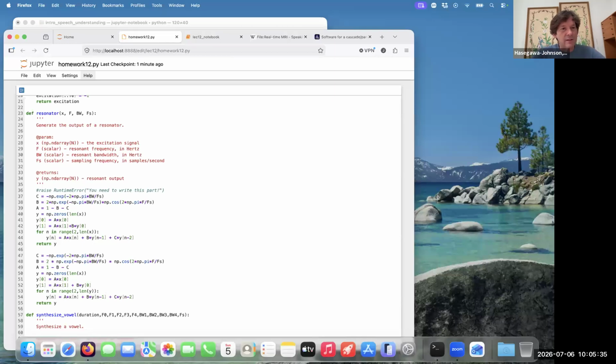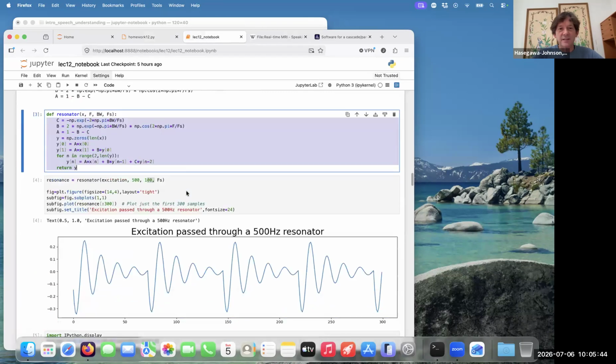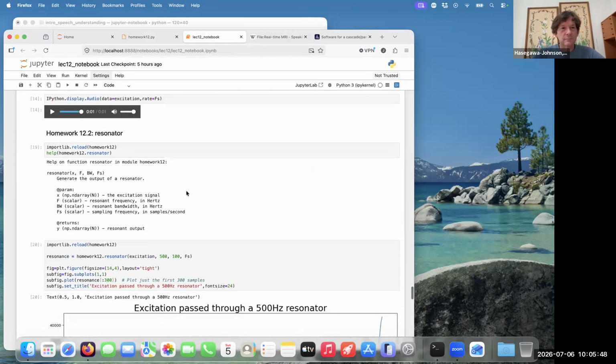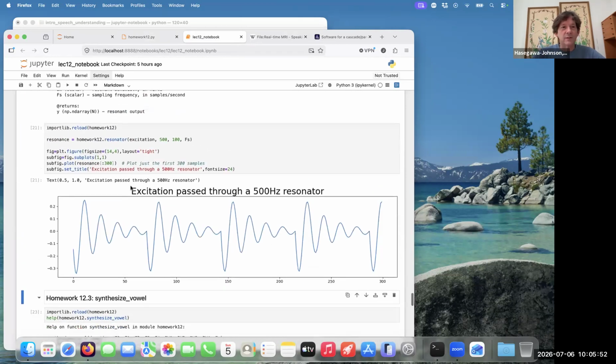All right. The rest of it looks correct. Let's try that again and see if it works now. There we go. That looks right.